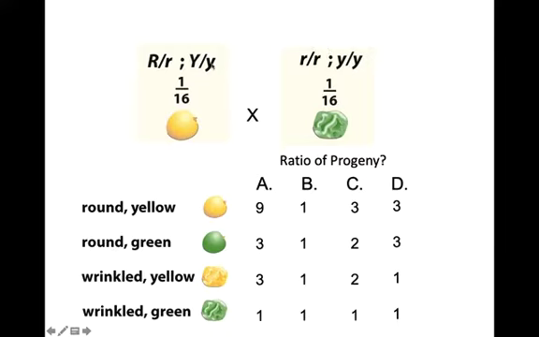Because this individual here, you don't necessarily know the genotype, but here we're going to say it's this particular genotype, a double heterozygote, crossed with this recessive, so wrinkled. So let's take a moment to think about what the ratio of the progeny would be in that particular case. How would you do that? I'm going to give you a second to think about it, and then I'm going to walk through it.